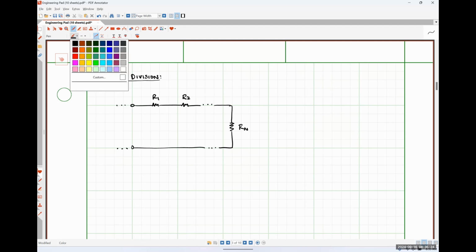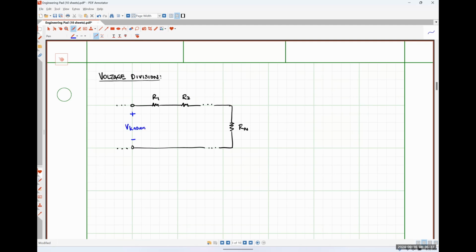So let's say, and this is a very important thing, that the voltage drop across this network containing all of these series resistors is a known quantity, right?